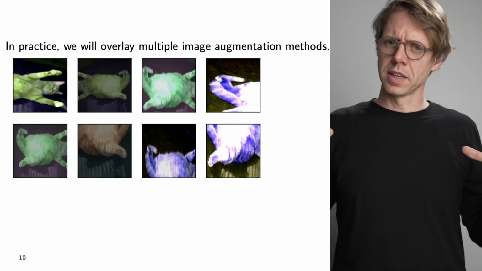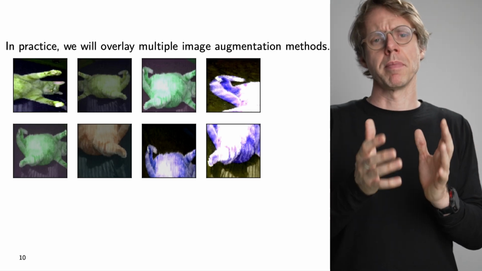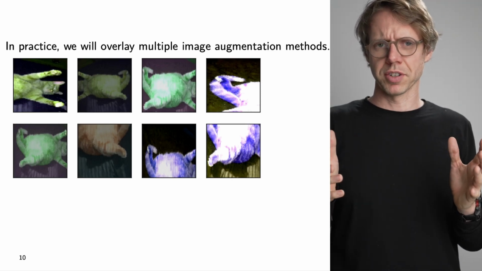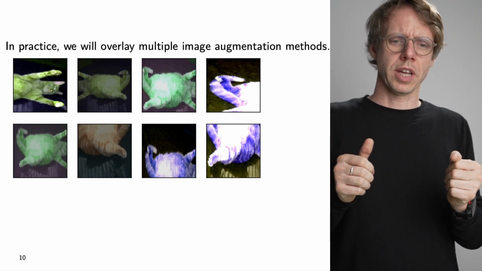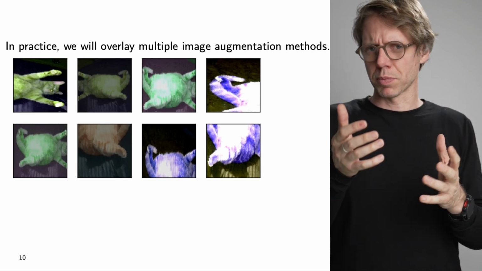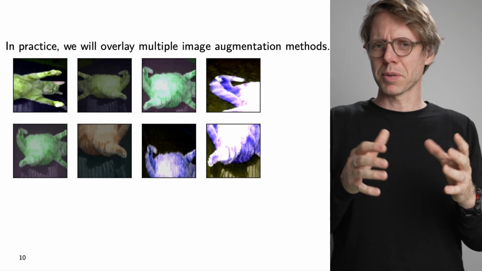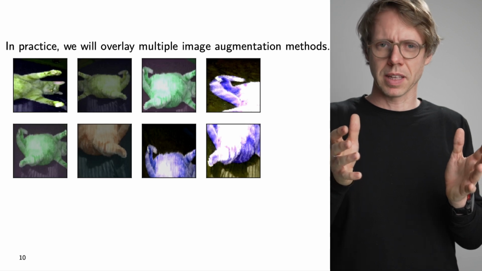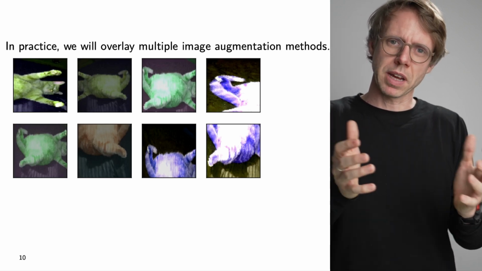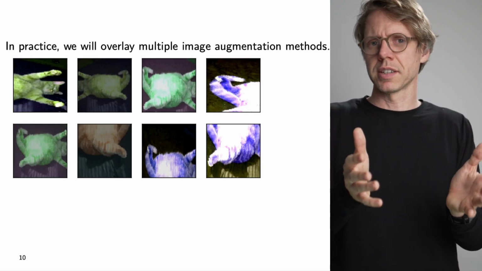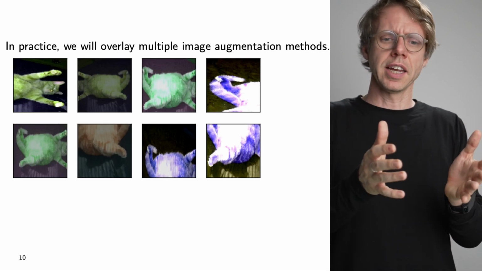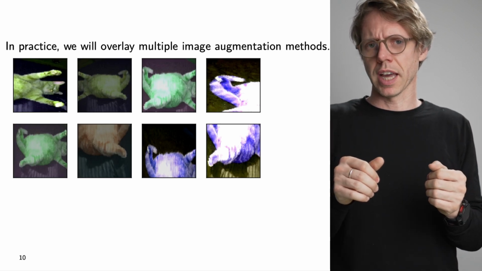So in practice, we combine many of these augmentation techniques. So if you look at this overlay of multiple augmentation methods, you see that we started only with a single image of a cat. But just by augmentation, we have created a dataset of 8 very different images of a cat.